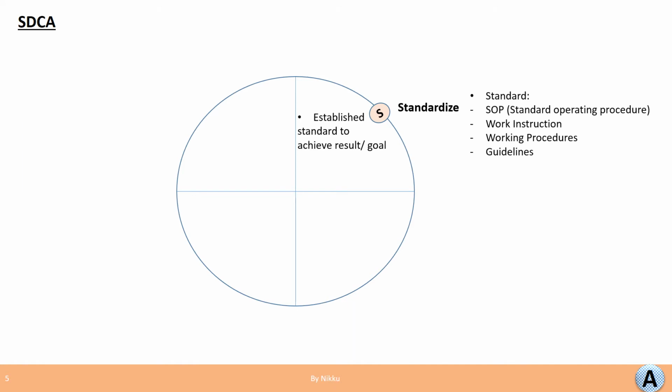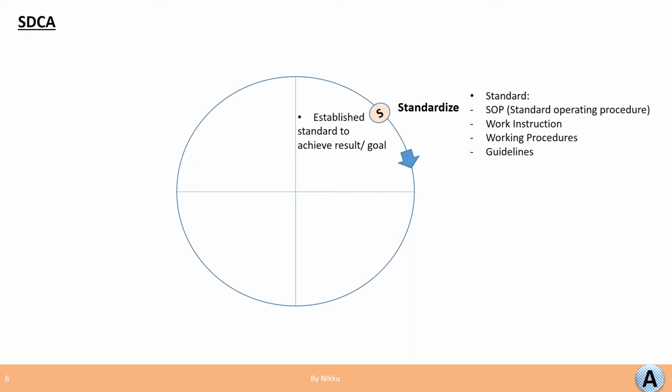Standard means standard operating procedures, that is SOP, work instructions, working procedures, guidelines, etc. That means a set of methods by which we can achieve our result or goal. By following the same, we can achieve our desired result.